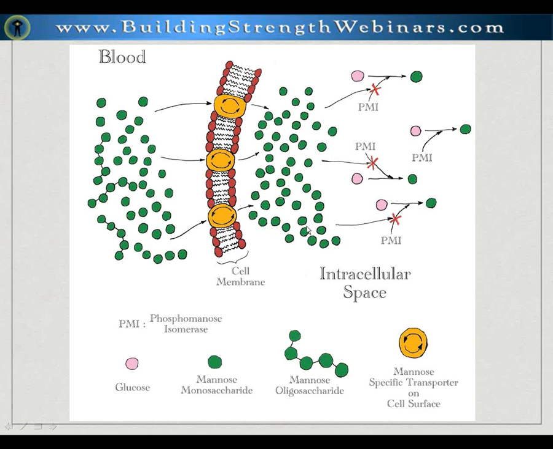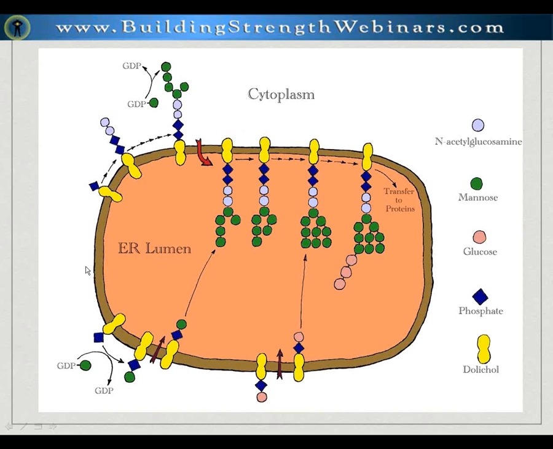Then it takes the mannose and inside the cells, all of the cells of our body use it to make glycoproteins and glycolipids for communication.